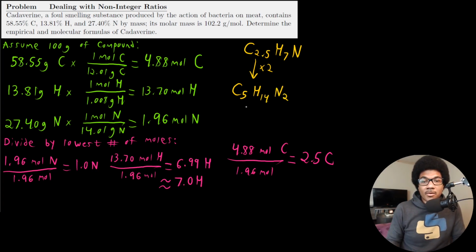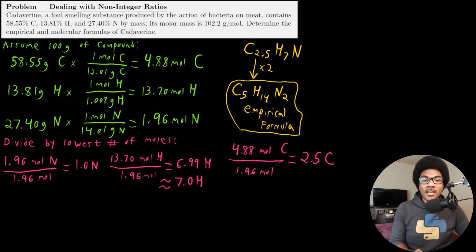And this would be the proper empirical formula. Because it doesn't say the smallest ratio, period, including decimals. It says the smallest whole number ratio. So this is the smallest possible whole number ratio for cadaverine.